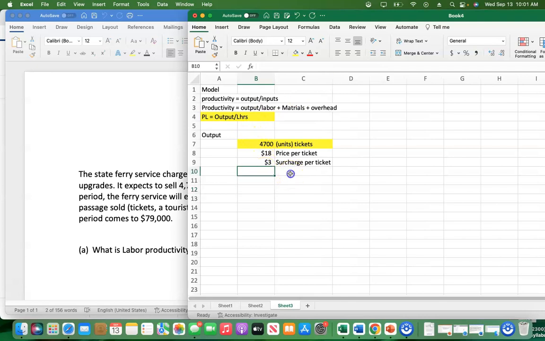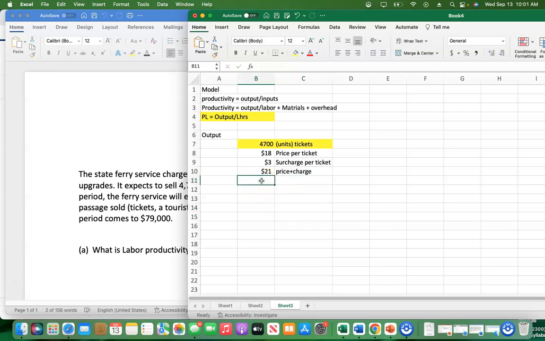And so we're going to find how much the ticket will cost when we have price plus the charge. So all we're going to do here is to add the price and the surcharge. So we have $21, which is the price and the charge altogether.